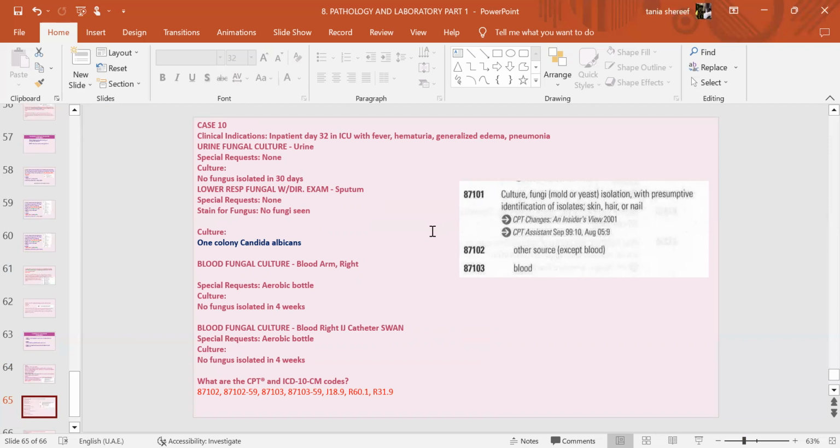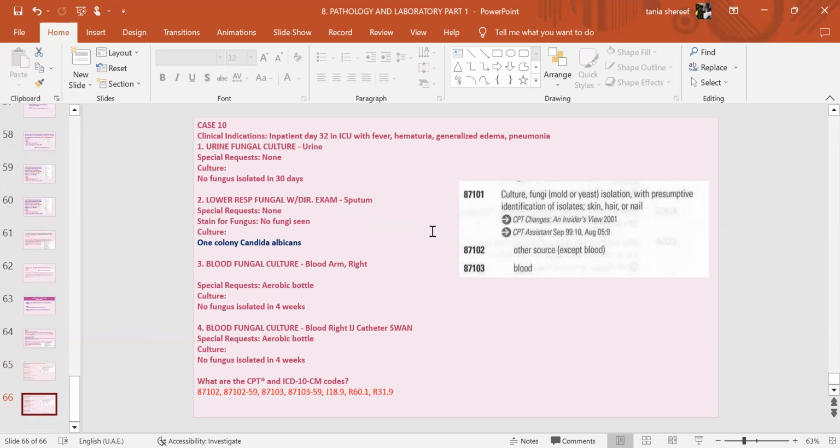Special request none, stain for fungus, no fungi seen. Culture 1 colony, Candida albicans. Blood fungal culture, blood arm right. Special request aerobic bottle, culture, no fungus isolated in 4 weeks. Blood fungal culture, blood right, IG catheter, swan. Special request aerobic bottle, culture, no fungus isolated in 4 weeks.